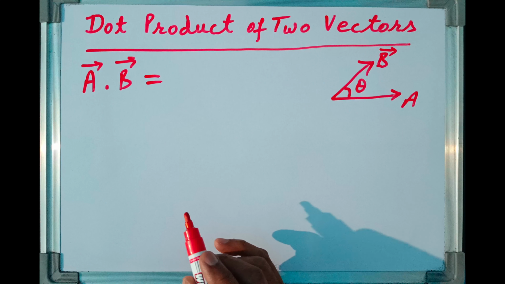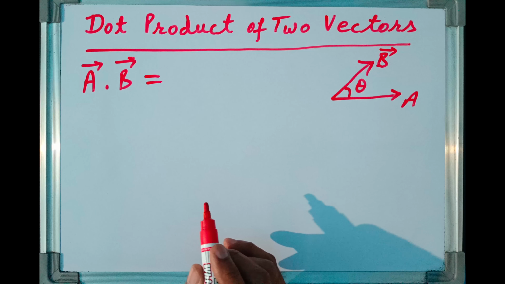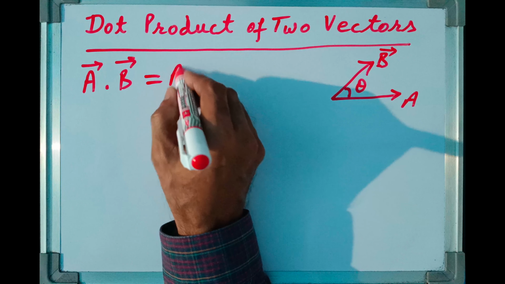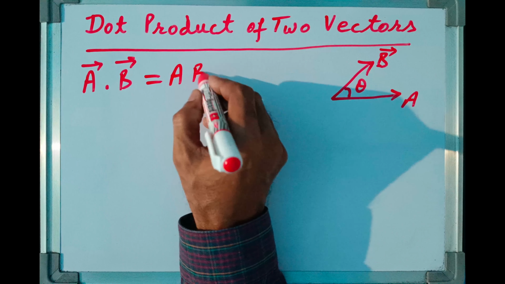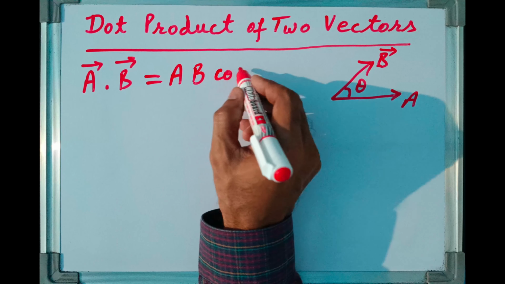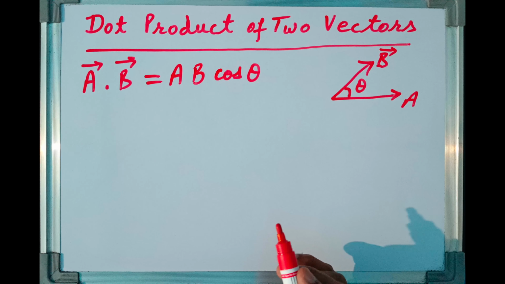This is multiplication of two vectors through dot, and this is called the dot product of two vectors. This result will be the magnitude of vector A multiplied with the magnitude of vector B multiplied with cos of the angle between the two vectors. So this is the definition of dot product of two vectors.